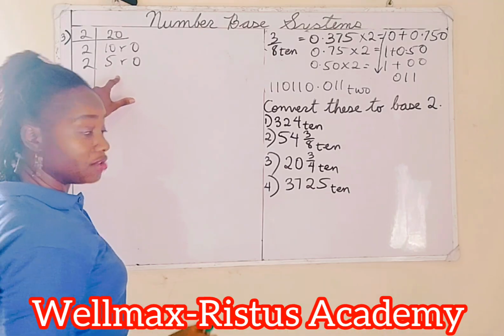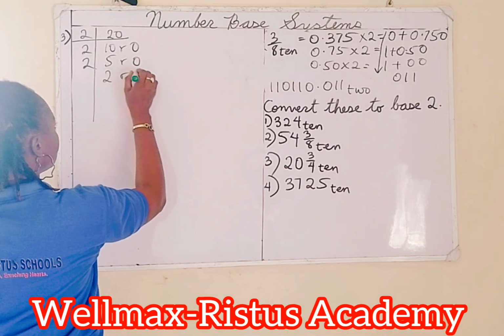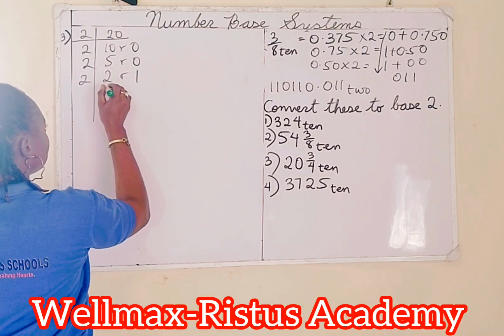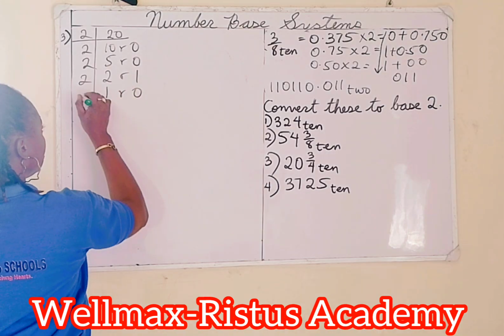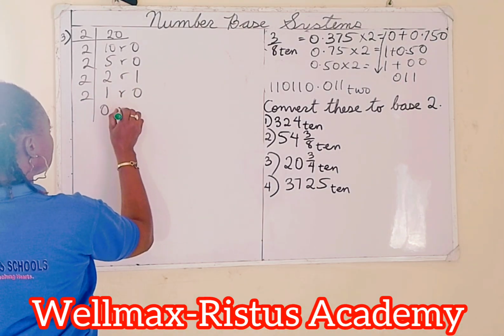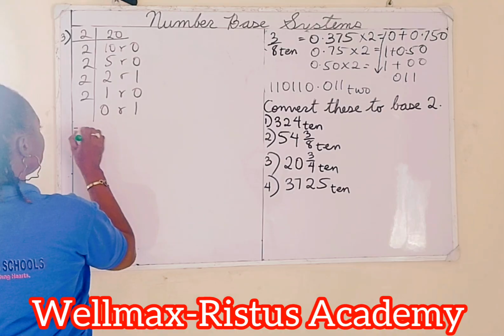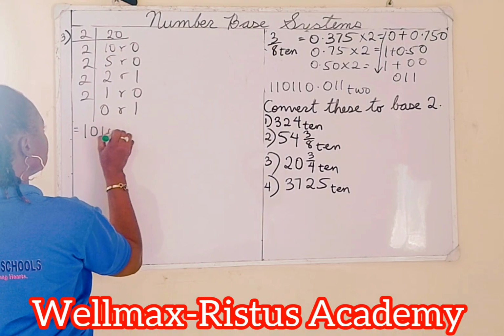And 2 into 5 will give us 2, remainder 1. And 2 into 2 gives us 1, remainder 0. And 2 into 1 gives us 0, remainder 1. So we have 1, 0, 1, 0, 0 for now.